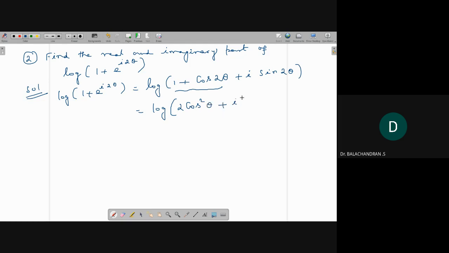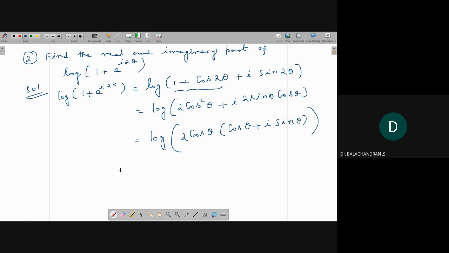You can write what? 2 sin theta into cos theta. So here, what is common? 2 cos theta is common. That's why I'm going to write this is log of 2 cos theta into cos theta plus i into sin theta.